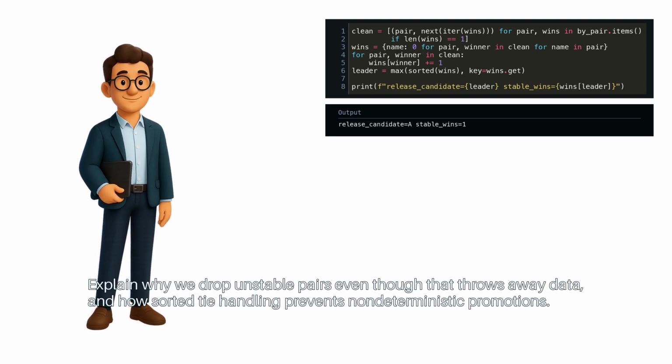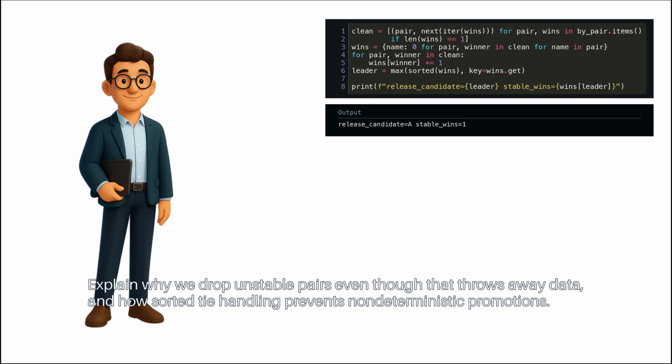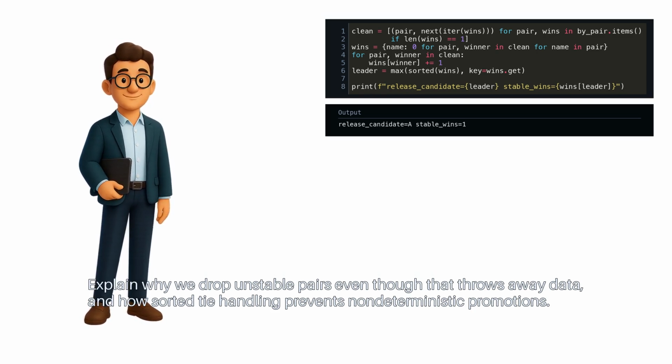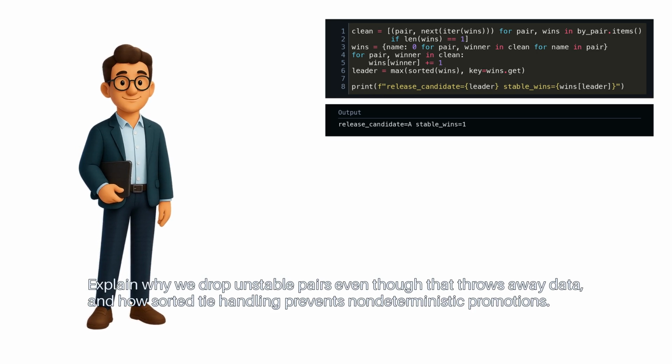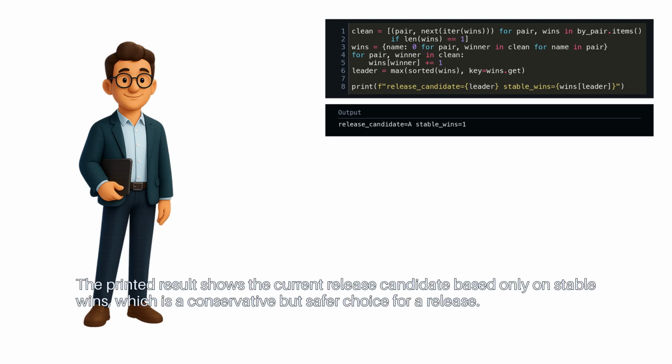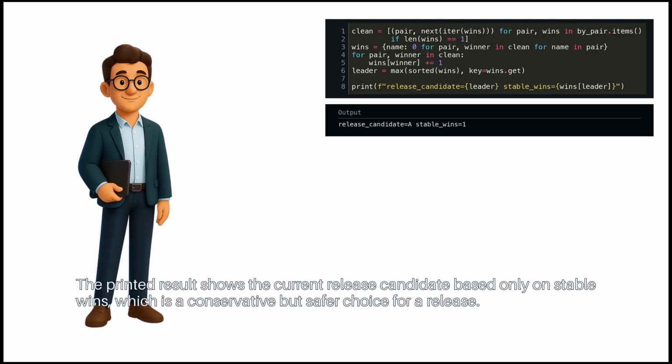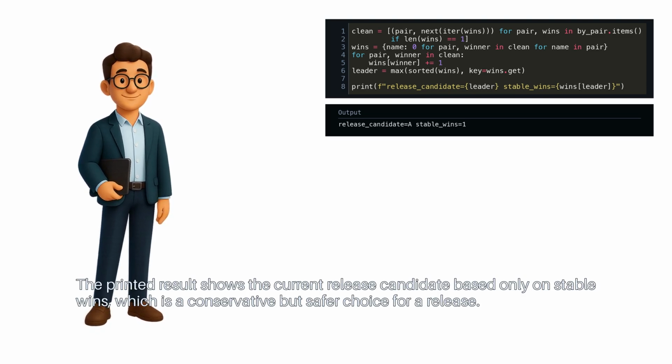Explain why we drop unstable pairs, even though that throws away data, and how sorted tie handling prevents non-deterministic promotions. The printed result shows the current release candidate based only on stable wins, which is a conservative but safer choice for a release.